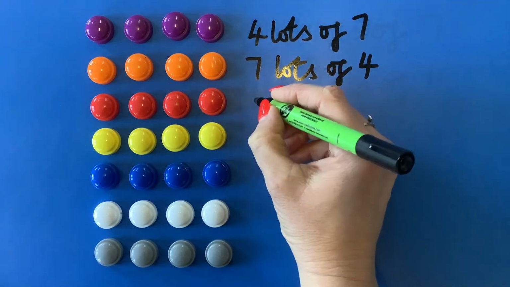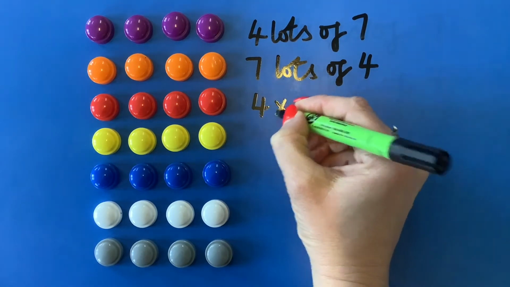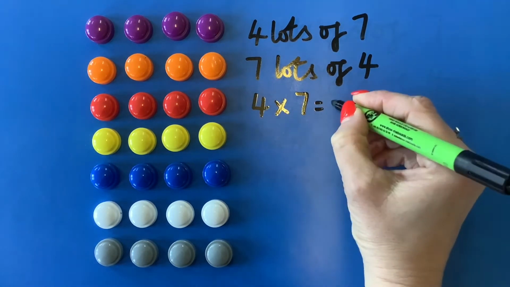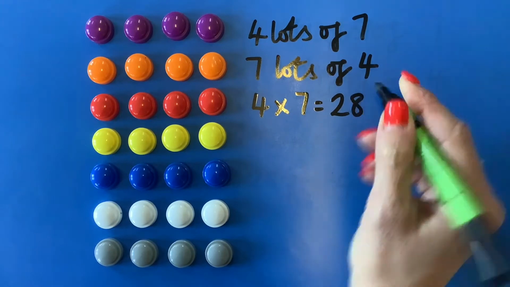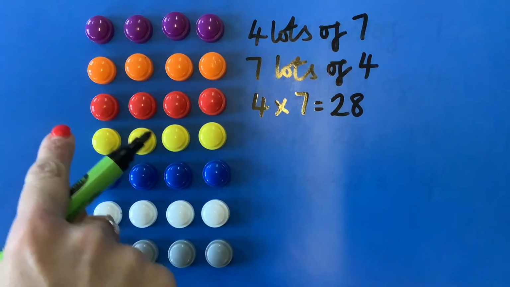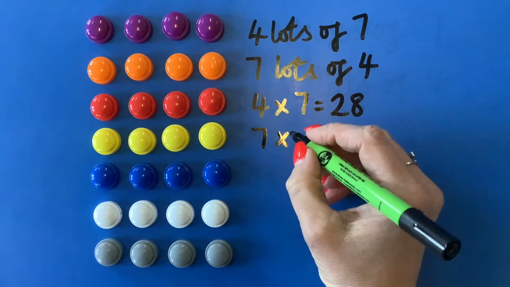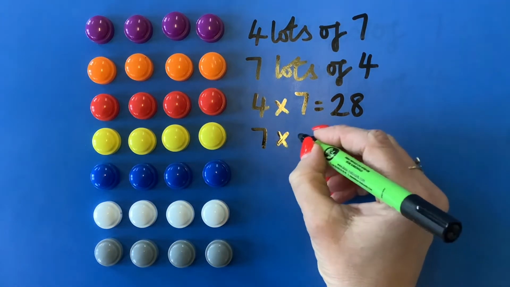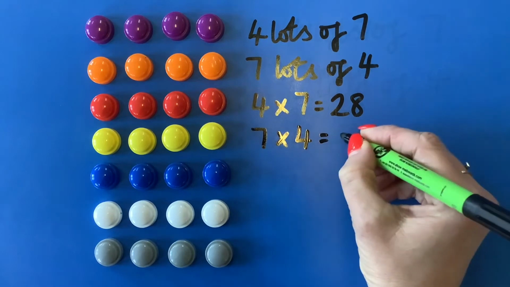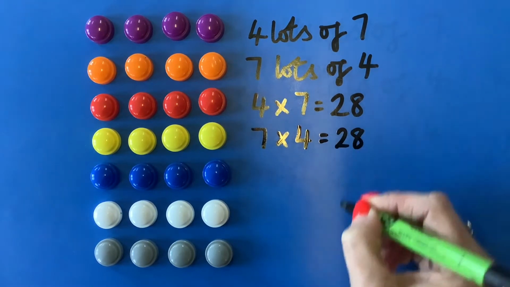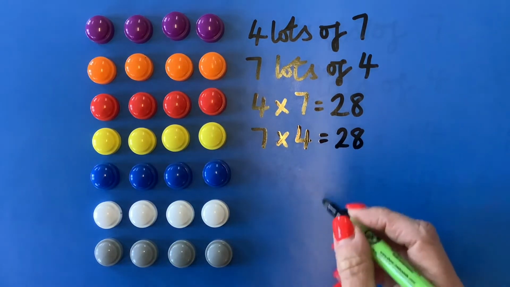I could write this as 4 multiplied by 7 equals 28. If I was to count them all up, I've got 28 there. Or I could say I've got 7 times 4 equals 28. I could do the inverse of this too.